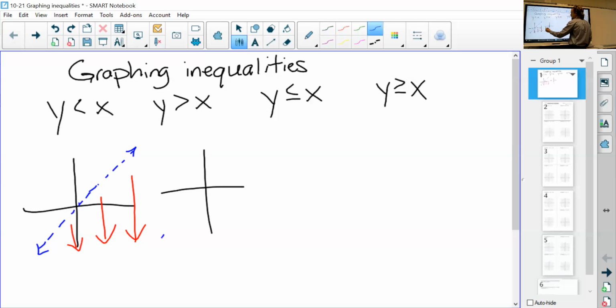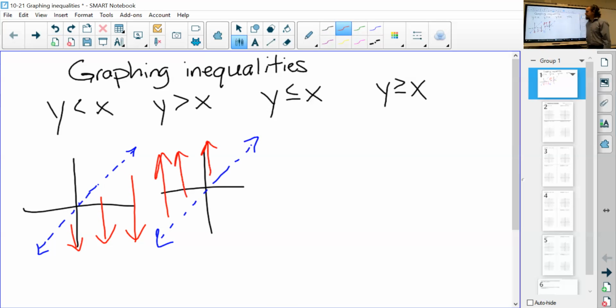Okay? If we have y greater than x, it's very similar. The line is exactly the same. Only since it's greater than, instead of shading below the line, you would shade everything above the line. Okay? And then we come to our other set, less than or equal to, greater than or equal to, is very similar. The only difference, you used your smartness, you probably figured it out already.